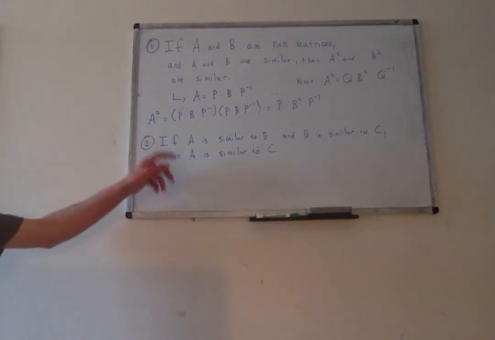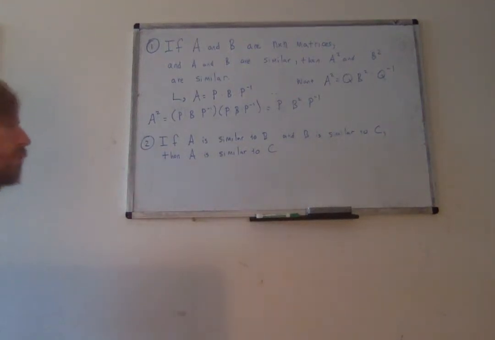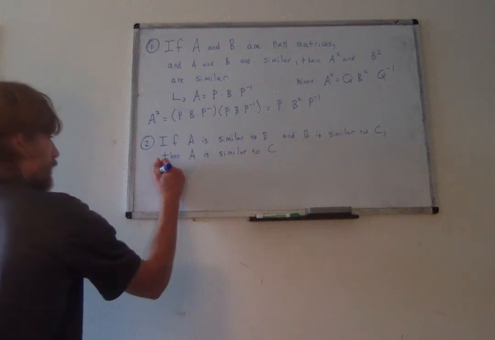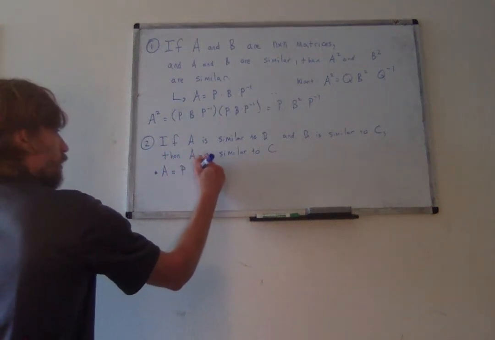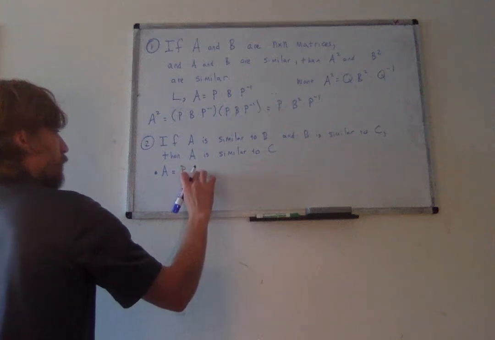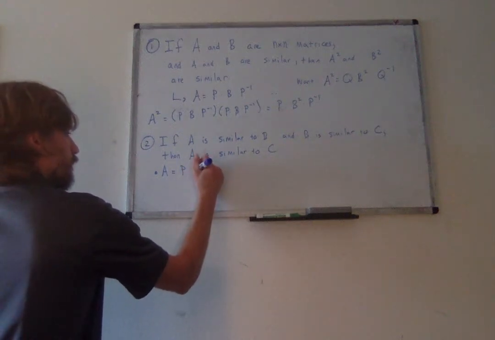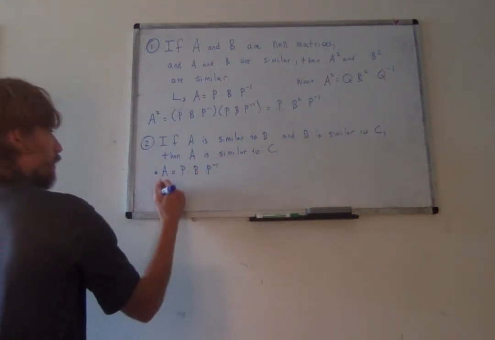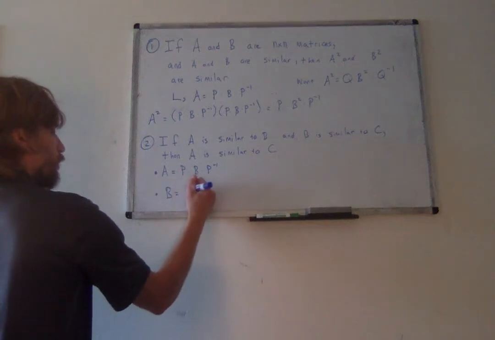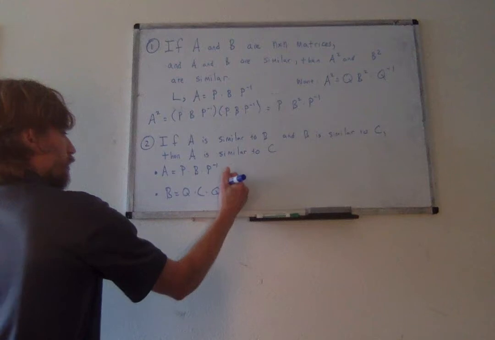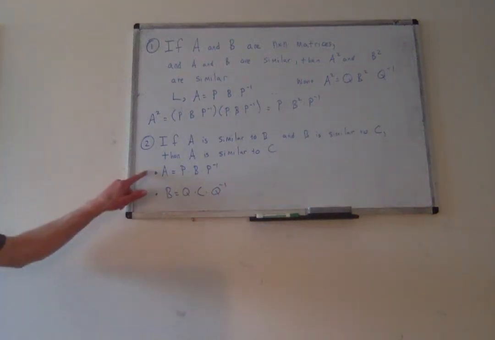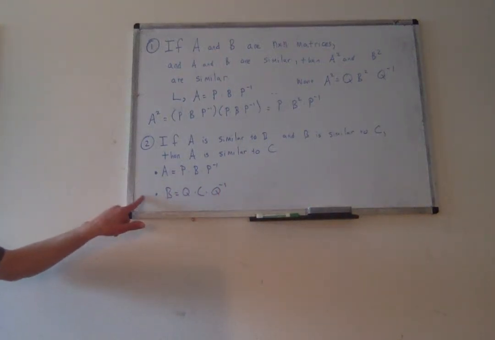So again, we want to find some sort of similarity relation between A and C, excuse me. And what do we know? Well, we know that A and B are similar, so we can write A like that. We also know that B and C are similar, so we can write B like that. So these are the two things we know.